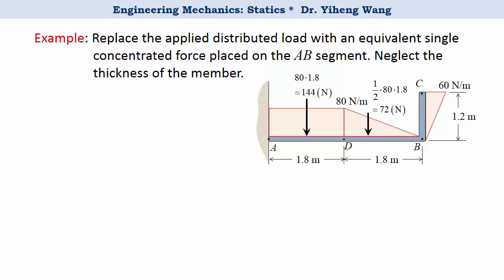The location is at 1/3 location from the base. And for the next linear distributed load, the same, the resultant force equals the area of the triangle, and again, the location is at the 1/3 location from the base.